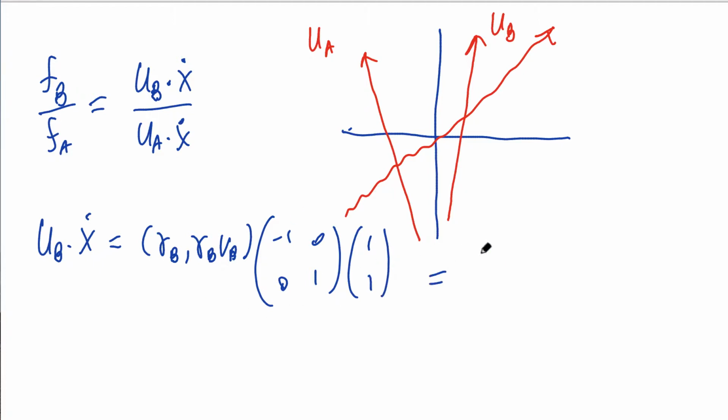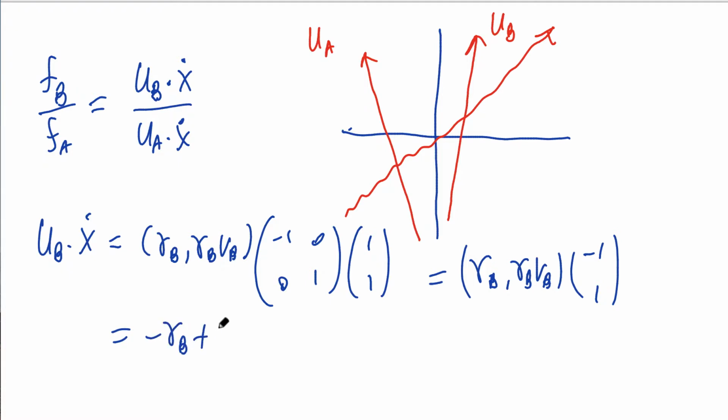Okay, so multiplying these two factors together first, we have gamma B times gamma B VB, then this is minus 1, 1. So we have minus gamma B plus gamma B times VB. And we can simplify that a bit, pull out the factor of minus gamma B times 1 minus VB.